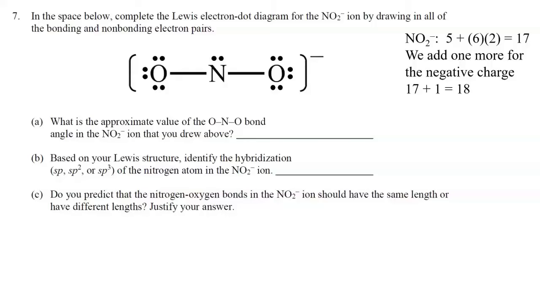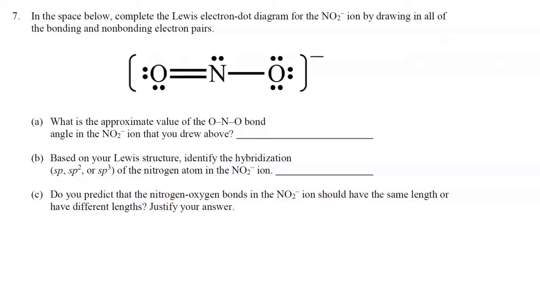So I've just run out of electrons, and I don't have enough electrons to satisfy the octet of that central nitrogen atom. So I'm going to have to make a double bond on one side of this polyatomic ion. So I'll move a pair of electrons from the oxygen to make a double bond, and now that structure is complete in that each atom has an octet.